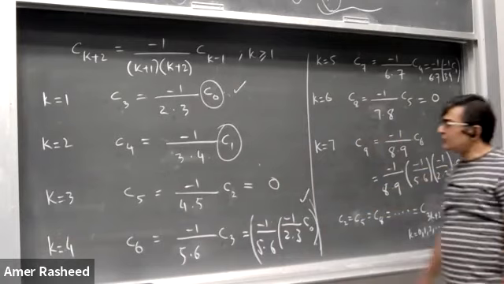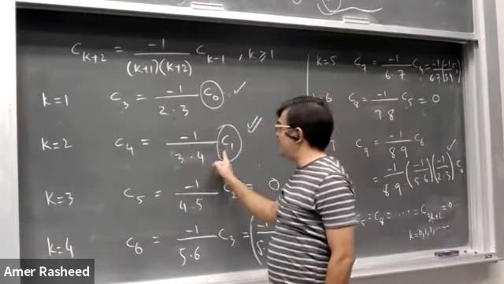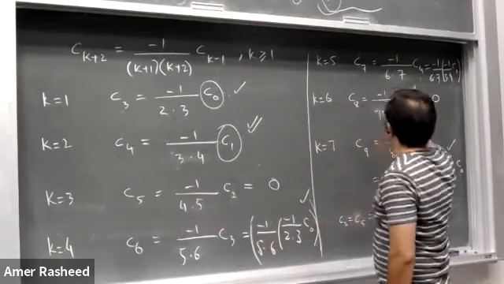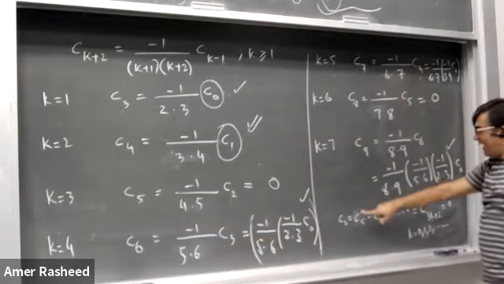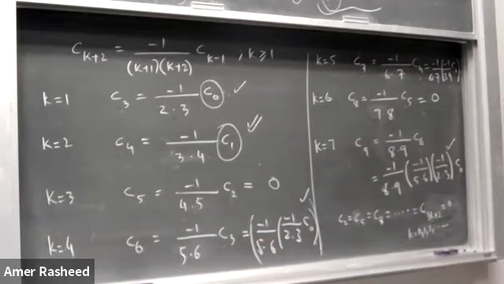Then we'll generalize all the coefficients which contain C1, which are C4, then C7, and then C10. Okay, let us do this thing.